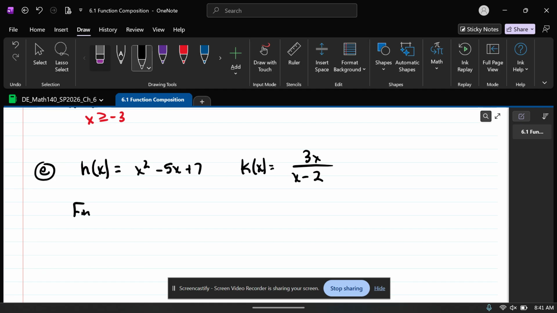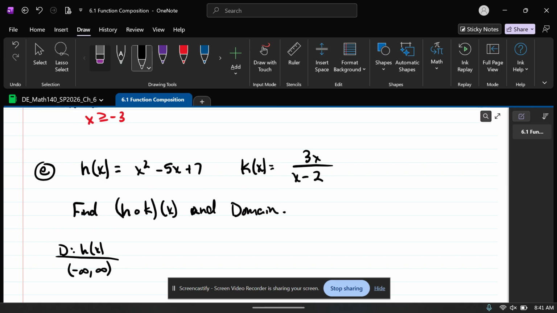We're going to find h composed with k of x and the domain. This one is a challenging one as far as the algebra goes. But first, the domain of h of x. Let's get that. What's the domain of h of x? Yeah, all real numbers. No restrictions on h of x. It's a quadratic, so it's all real numbers. Domain of k of x.